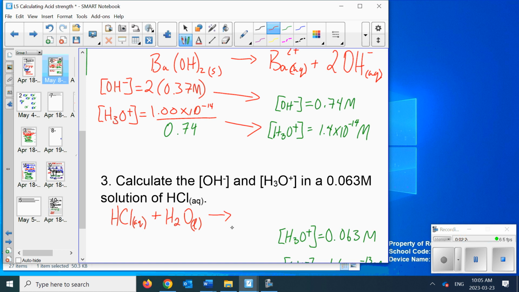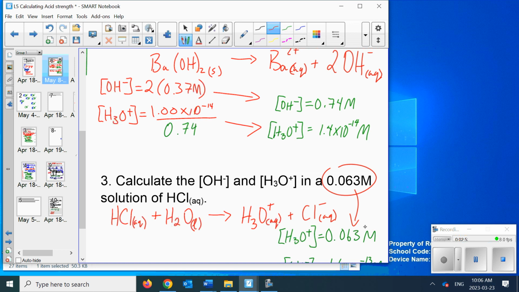It's a strong acid, so we get H3O+. Actually, I have this on the first page. That's a 1-to-1 ratio, so we really have no calculation. HCl all goes 100%.